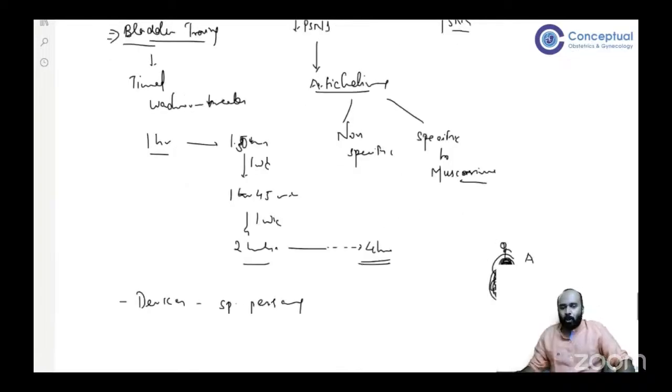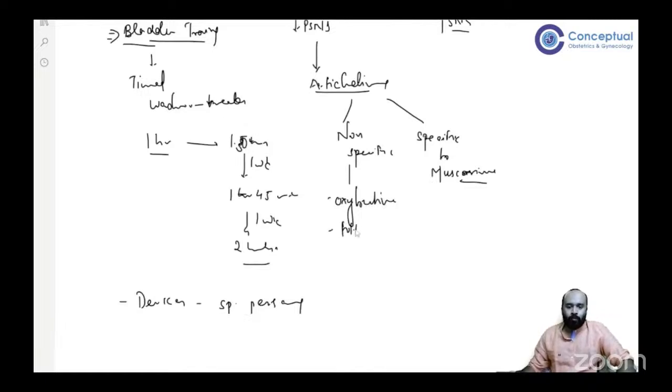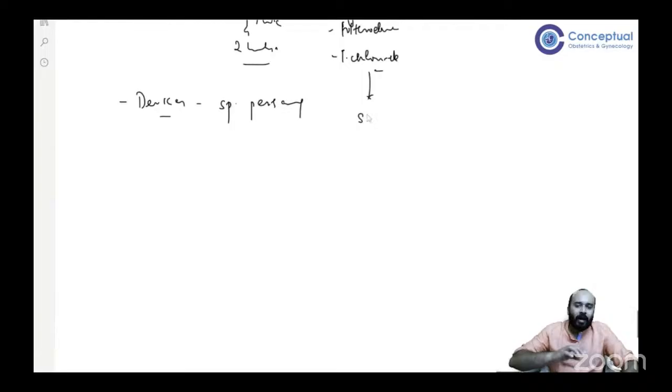So in the non-specific group, these used to be the older drugs that we used, which included oxybutynin, tolterodine, trospium chloride, all these drugs. Now the problem with these drugs was that they were not specific and had systemic side effects.